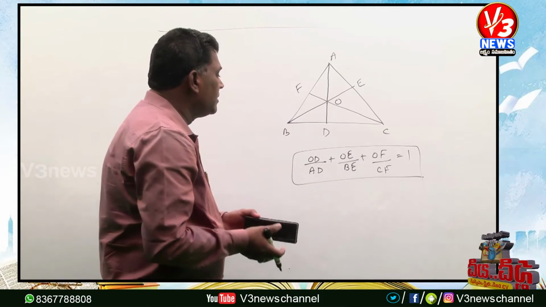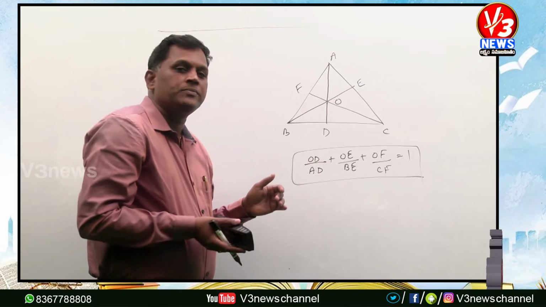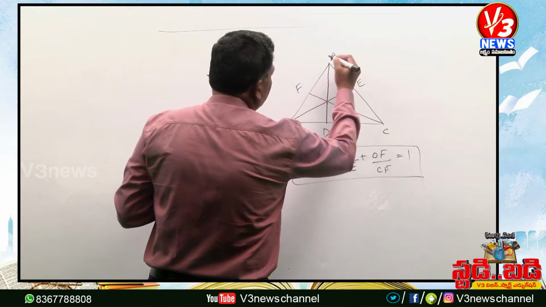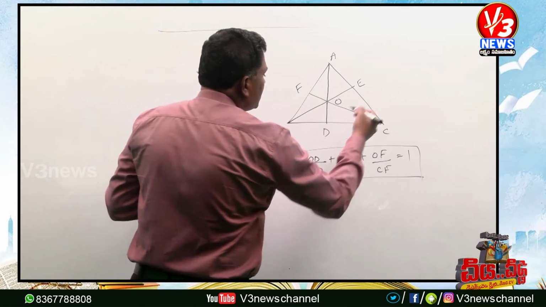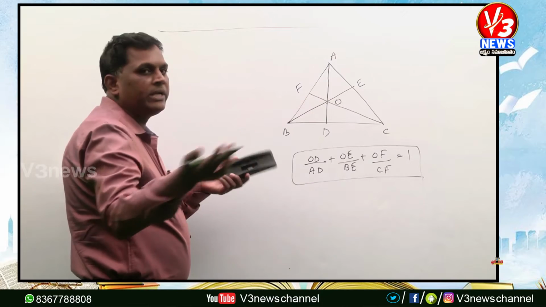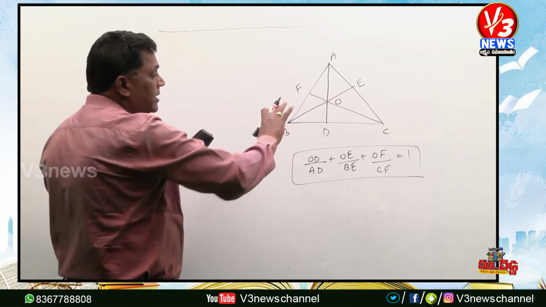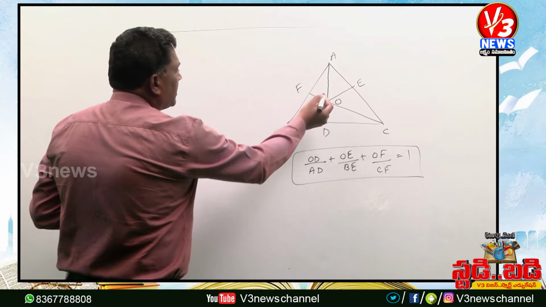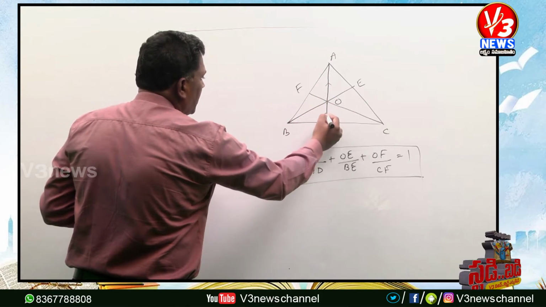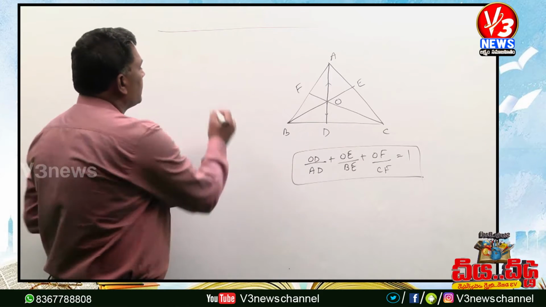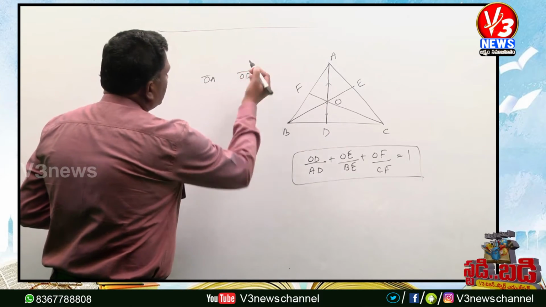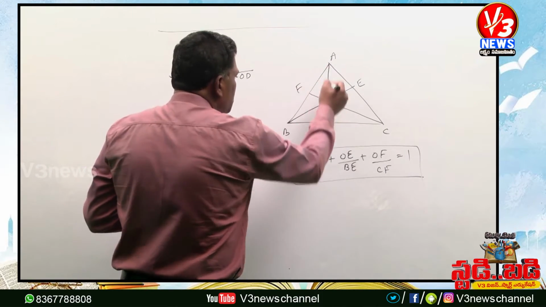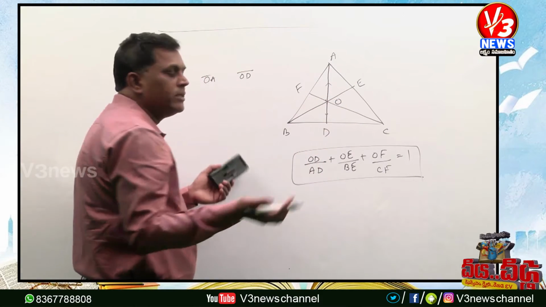Now let us see how to get the proofs of this type of questions by using our result. For convenience, I am taking this triangle ABC in which O is some internal point, for your better understanding, though it need not be actually. If you observe in the diagram, OA bar and OD bar are lying in the same line with opposite directions. So these 2 vectors OA bar, OD bar are collinear vectors.